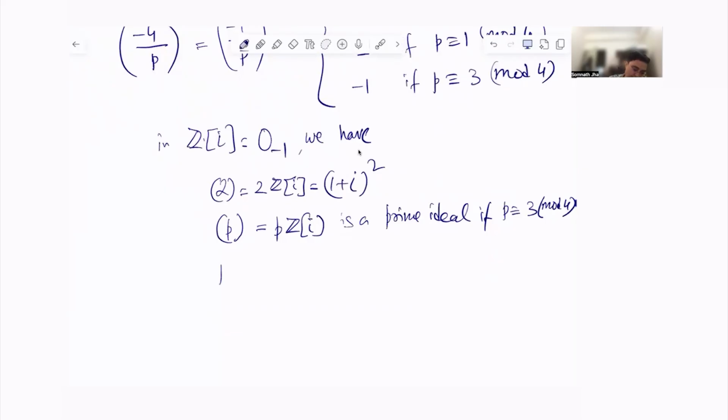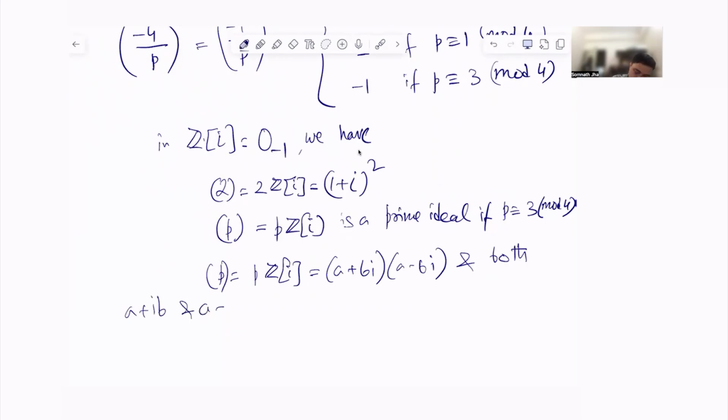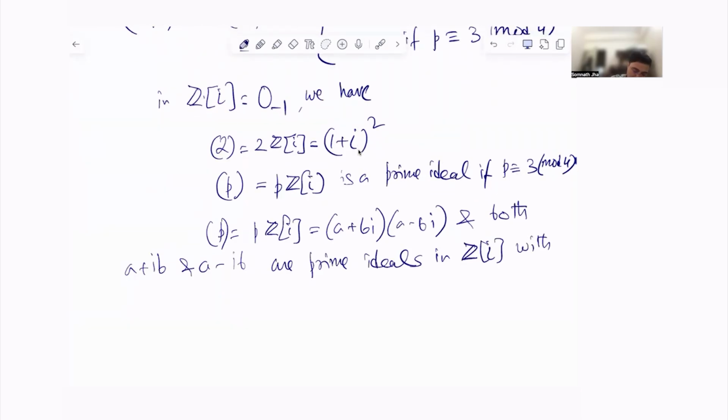And we have seen that p times Z[i] equals (a plus bi)(a minus bi), and both a plus bi and a minus bi are prime ideals in Z[i], with a, b in Z and a squared plus b squared equal to p in this case.